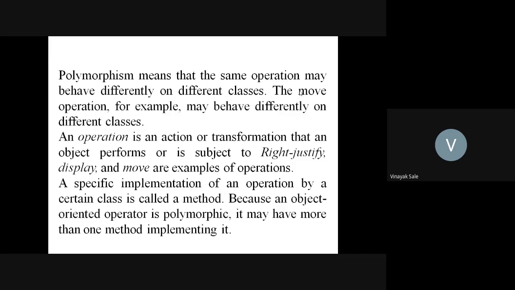Display or move are also examples of operations. The specific implementation of an operation by a certain class is called a method, because in object-oriented polymorphism, an operator may have more than one method implementing it.